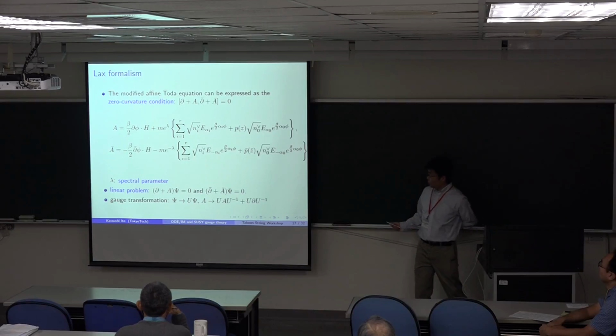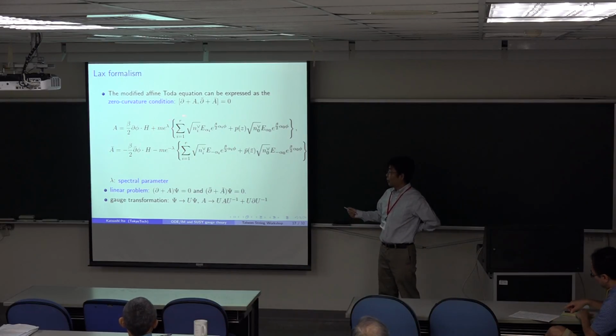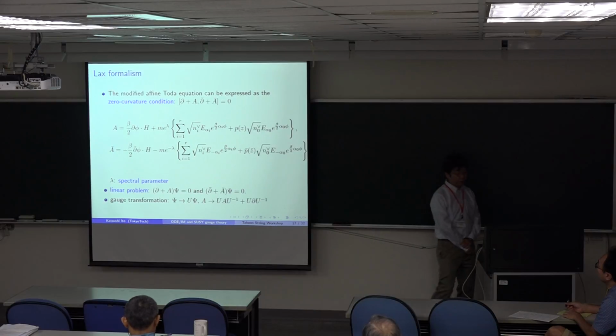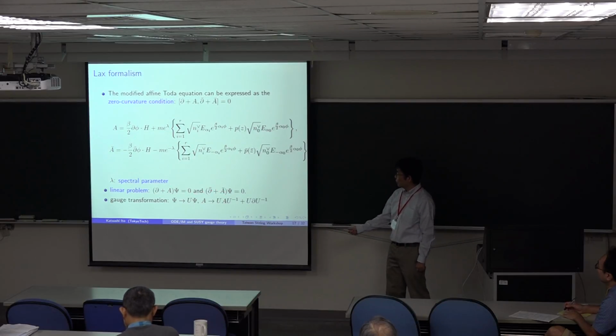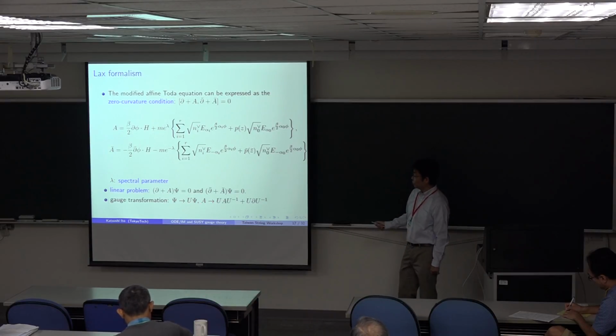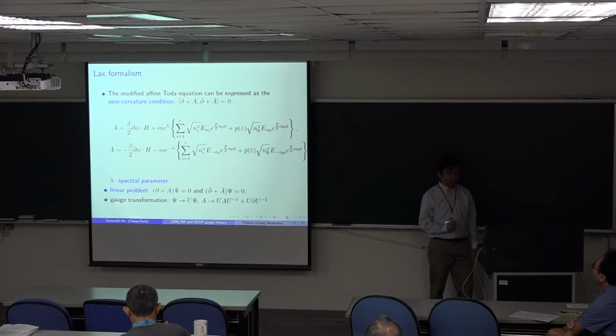And in this case, we can use some additional parameter as the spectral parameter. Associated with this zero curvature equation, we can define some linear differential equations for this parameter. We can also use the arbitrariness to define a gauge transformation to rewrite this linear problem. We can take certain gauges to simplify the problem.